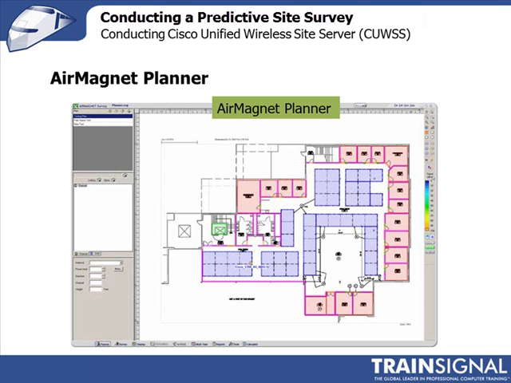It obviously takes some time, but you can really go in and create a very detailed plan. You can put obstacles and other things in, in which case when you run your prediction of where to place the access points and what the coverage looks like, that tool can produce a fairly accurate simulation.